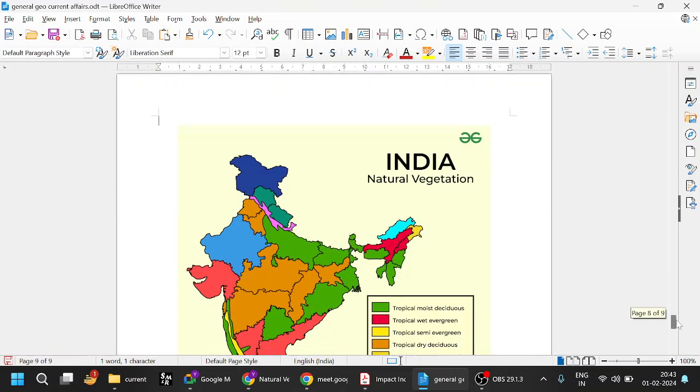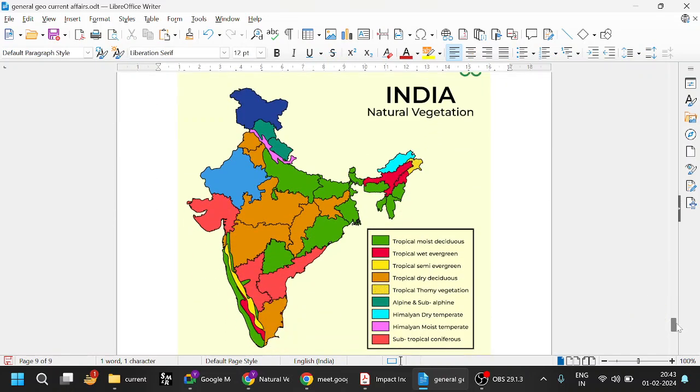So let us study what kind of natural vegetation is there in which part. Tropical evergreen forests are here.